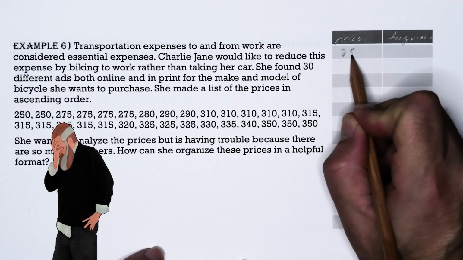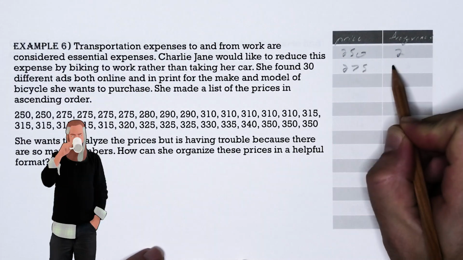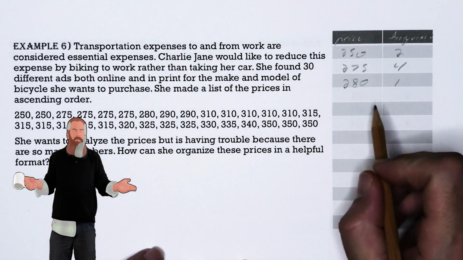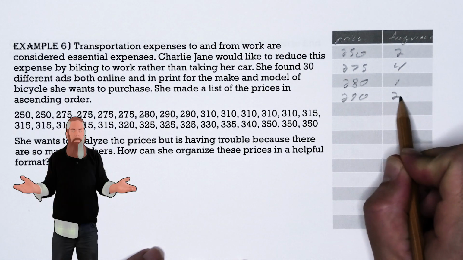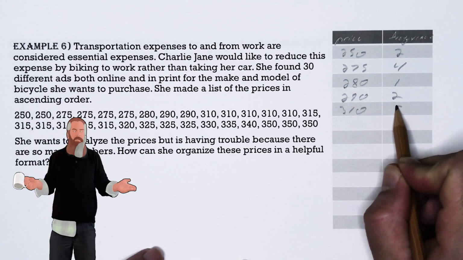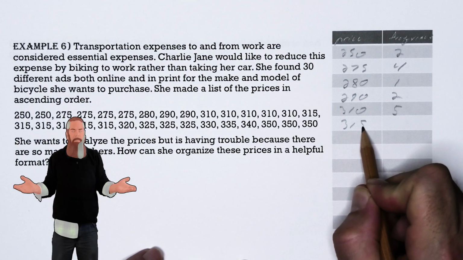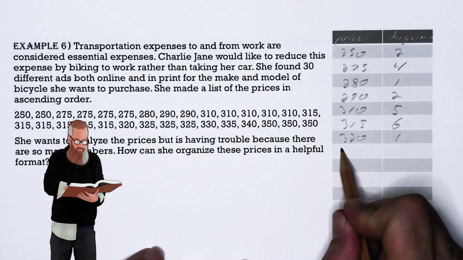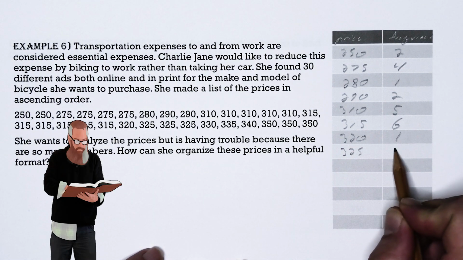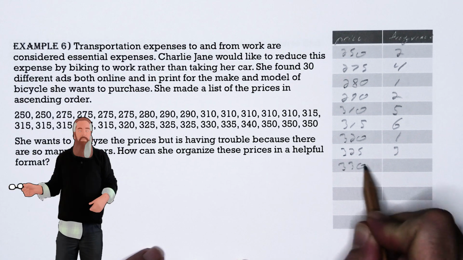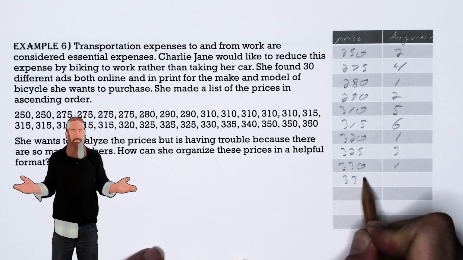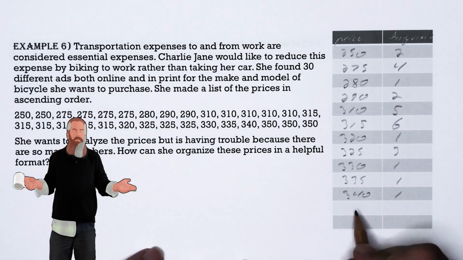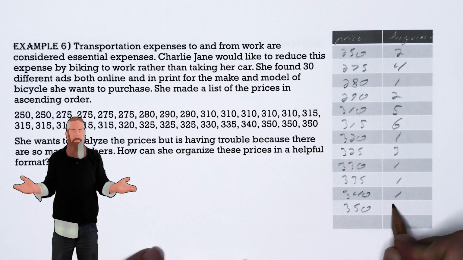So 250 appears twice. 275 appears 4 times. 280 only once. 290 appears twice. 310 appears 5 times, 315 appears 6 times, 320 appears once, 325 appears 3 times, 330 appears once, 335 appears once, 340 appears once, and 350 appears 3 times.